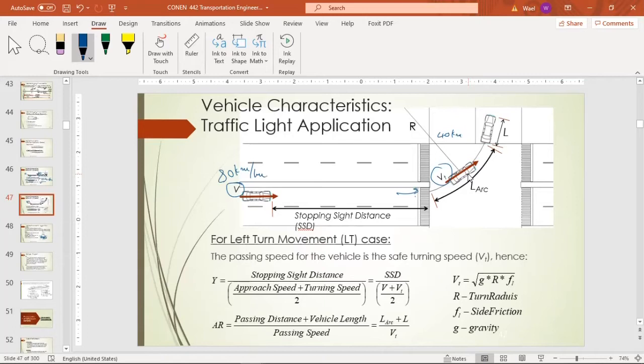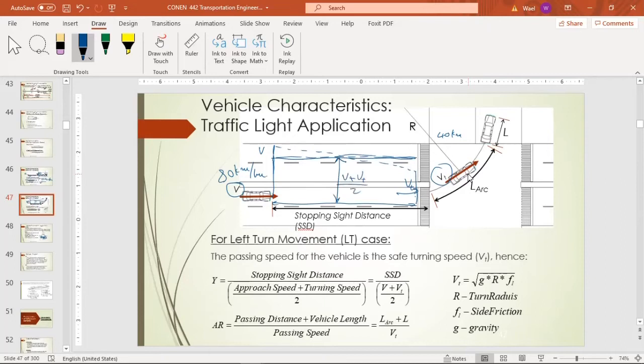If a vehicle is trying to make this turn, it is going to start with V and start slowing down until it reaches V turning. That means the average speed over this distance will be V plus V turning divided by 2.